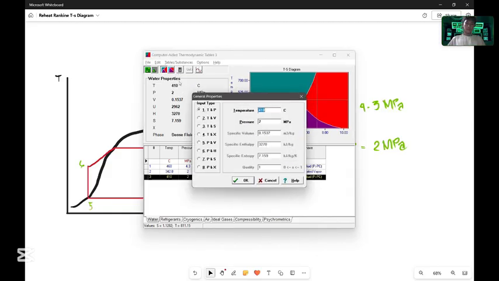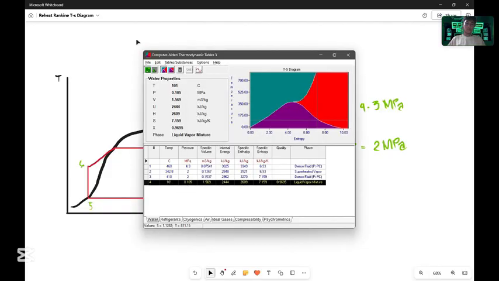For state 4, we're going to select pressure and entropy again, and the low pressure is 0.105 MPa. Then since it is a constant specific entropy process, the 7.15 will remain because it is the same as state 3. Press OK. Then next is state 5.